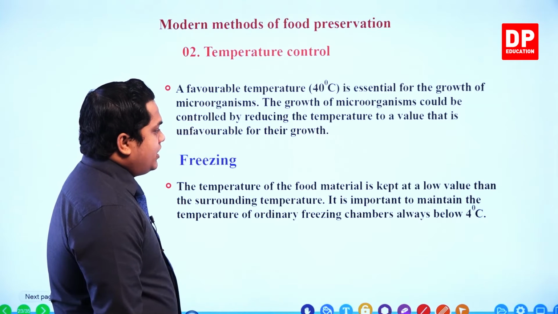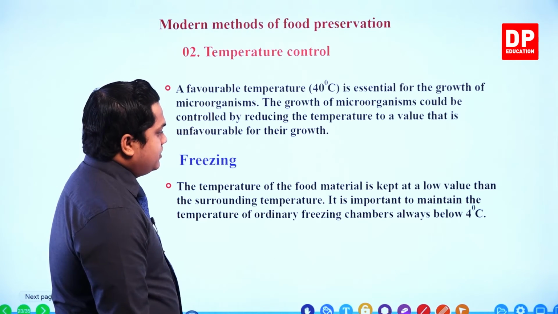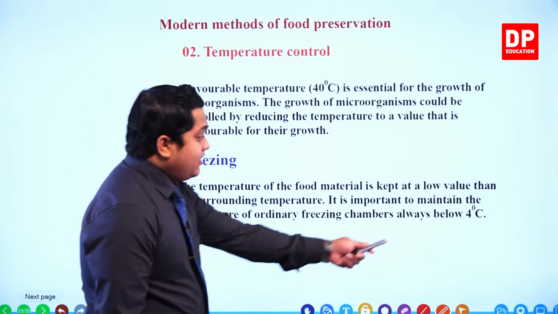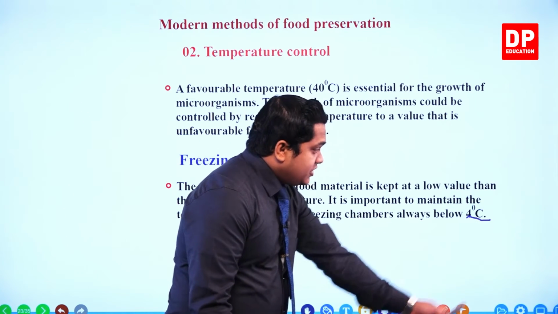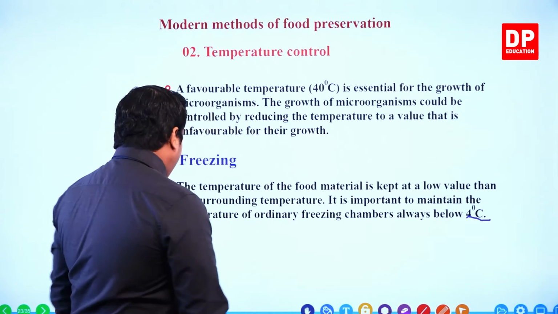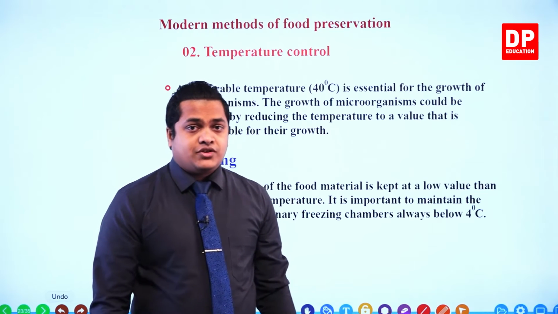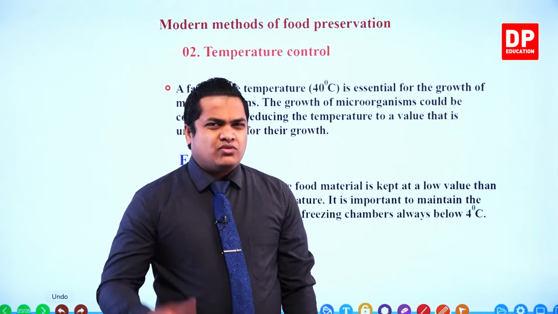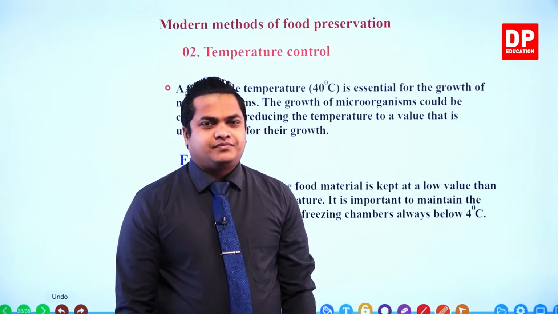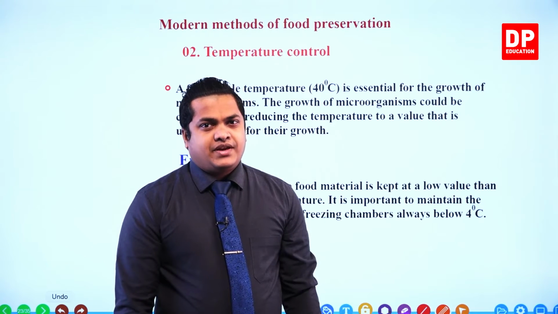It is important to maintain the temperature of ordinary freezing chambers always below 4 degrees Celsius, like 1, 2, 3, 0 and so on. So here the food item is getting saved by the reduction of temperature.